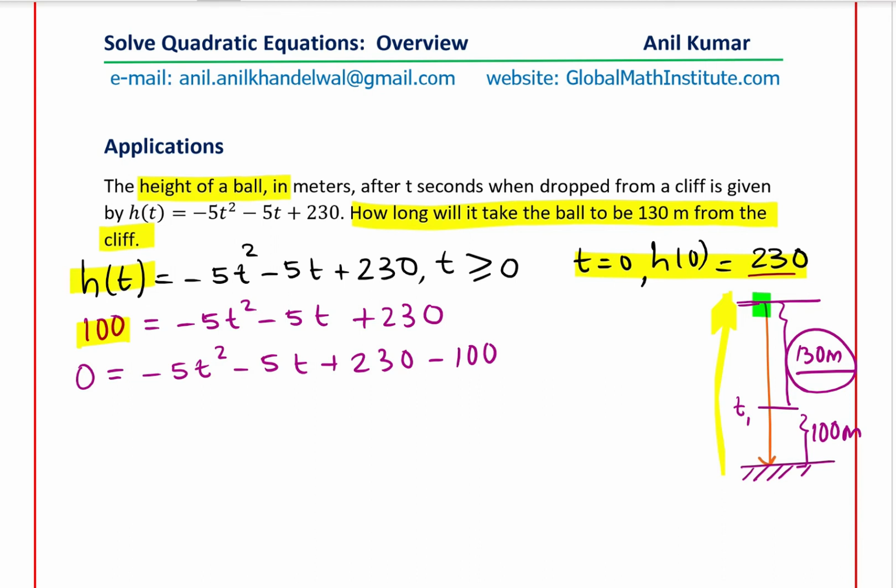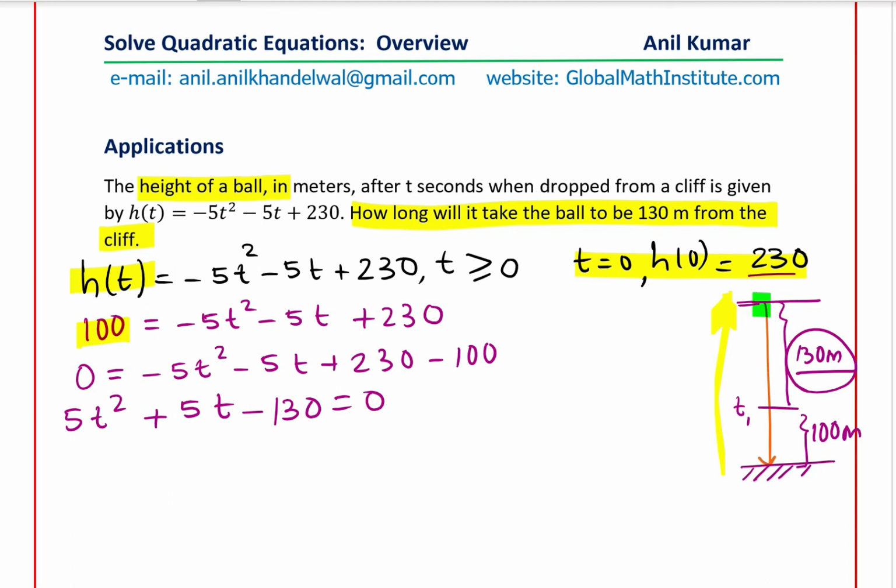Now, I normally would like to take this as positive. So we'll write this as 5t square plus 5t, and we'll change the sign later. So when you take this away on this side, it is 130 positive, but when you take it to the other side, it will be 130 negative. Now we can use the quadratic formula to factor.